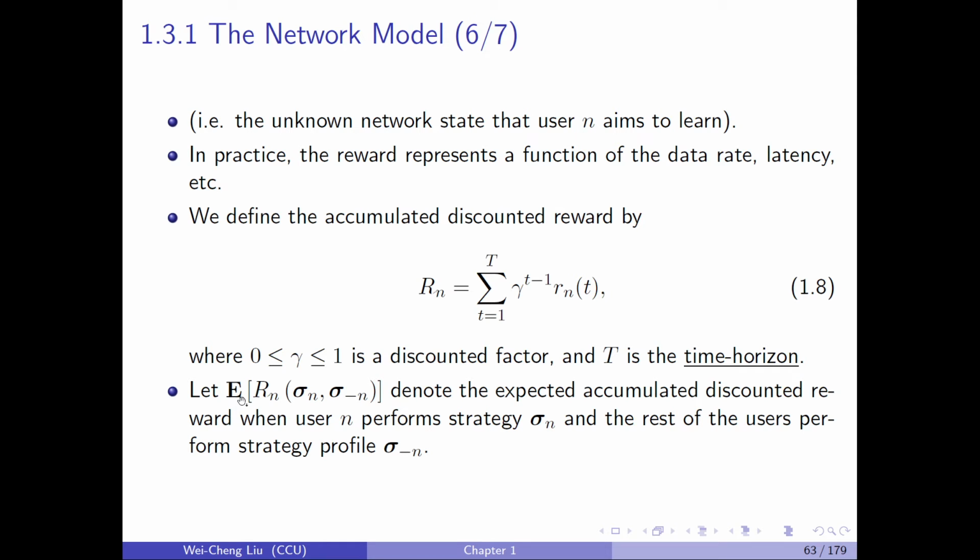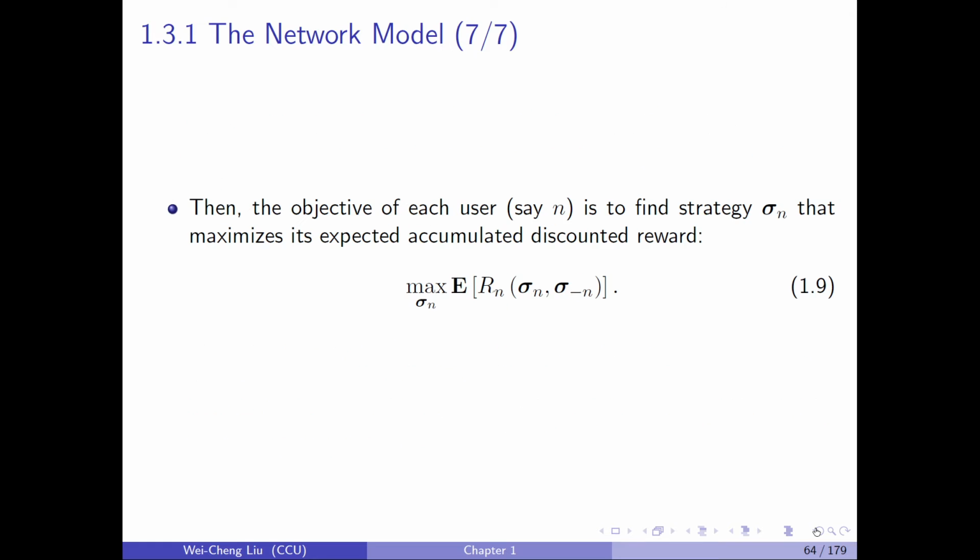The expectation of capital Rn of sigma n and sigma minus n denotes the expected accumulated discounted reward when user n performs strategy sigma n and the rest of the users perform strategy profile sigma minus n.